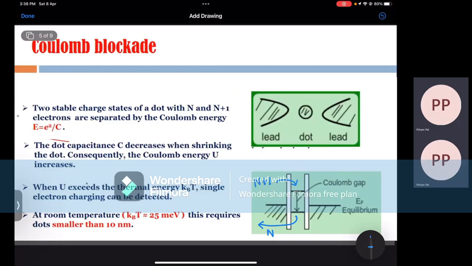This new electron, which I'm denoting as plus one, will go to the new state, but since there is a significant energy gap, the new electron must be provided this much energy to make the transition from the source to the drain, like this.